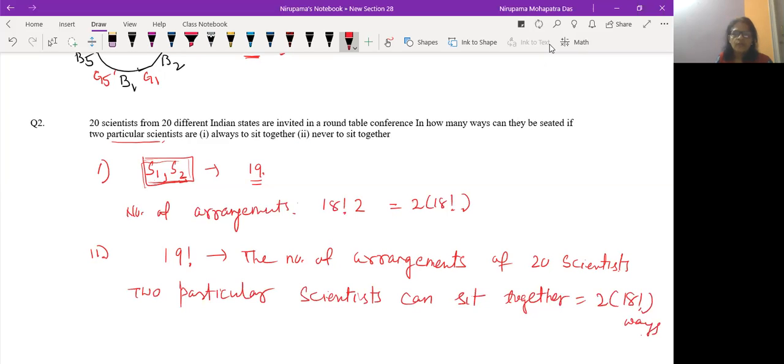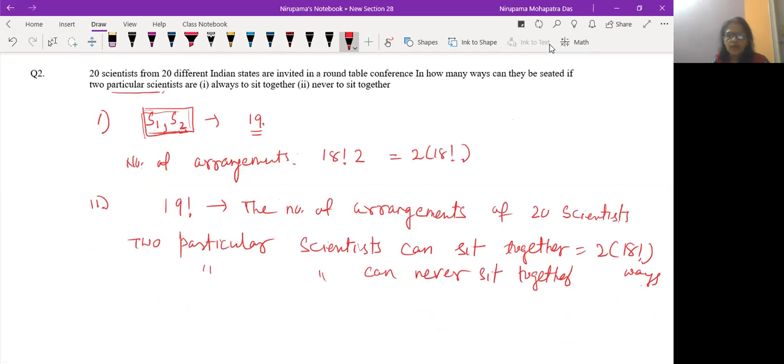Okay, we want the two particular scientists to never sit together. That will be factorial 19 minus the number of ways they can sit together.